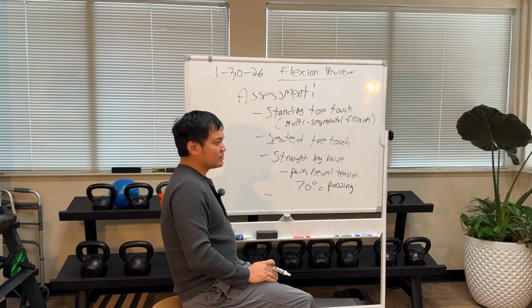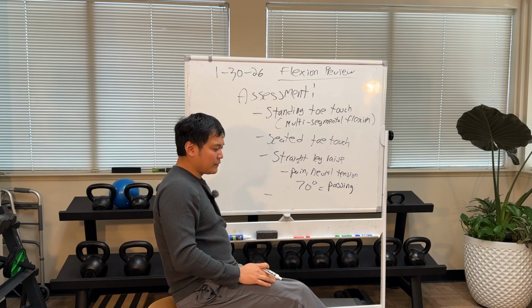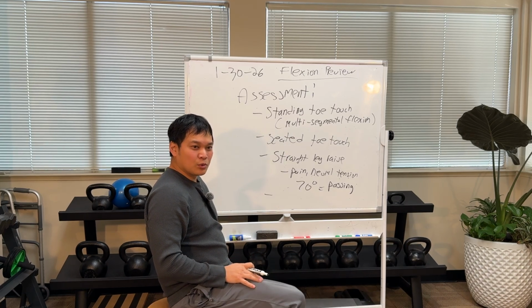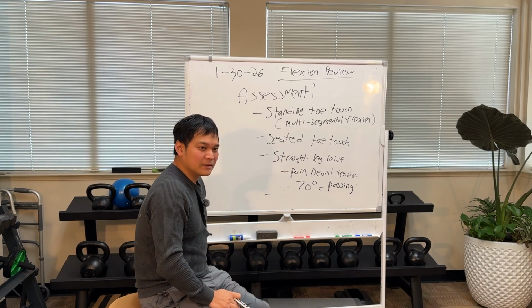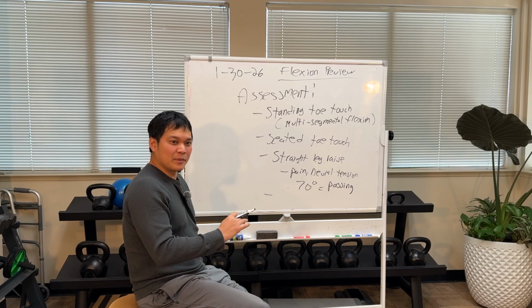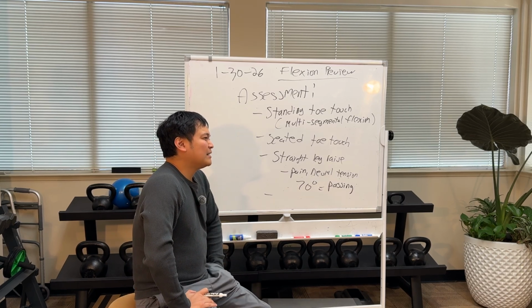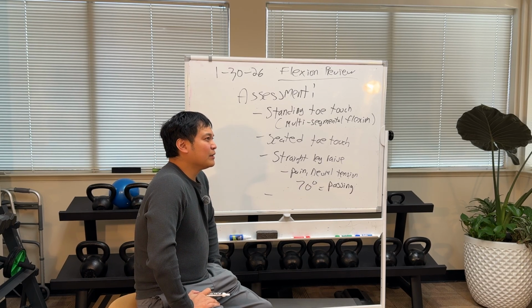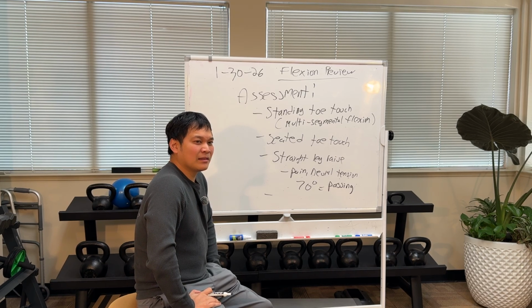We could get into the weeds of with or without dorsiflexion. So put a little dorsiflexion in to crank a little more tension on the nerve. But if they're at 70 degrees or close bilaterally, the issue is not going to be hamstring or nerve glide.